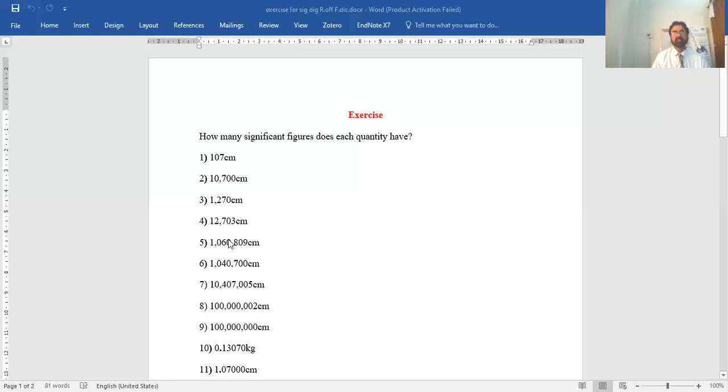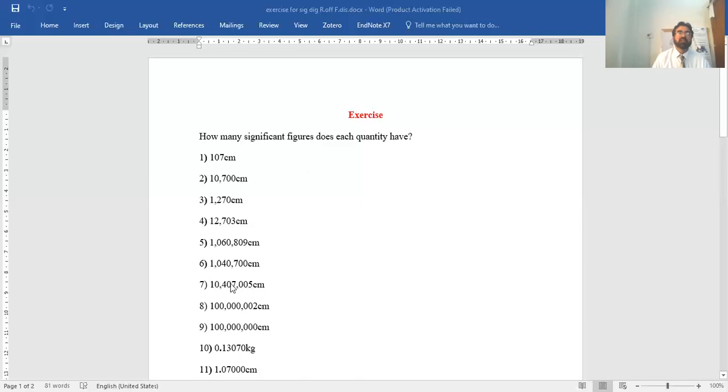So all these digits are significant, and there are a total of 1, 2, 3, 4, 5, 6, 7 significant digits. 10407000, if there is no decimal point, then these 2 zeros at the end are considered non-significant, whereas the rest of the digits, including the other zeros, are significant. So 1, 2, 3, 4, 5 digits are significant, and these 2 zeros are non-significant.